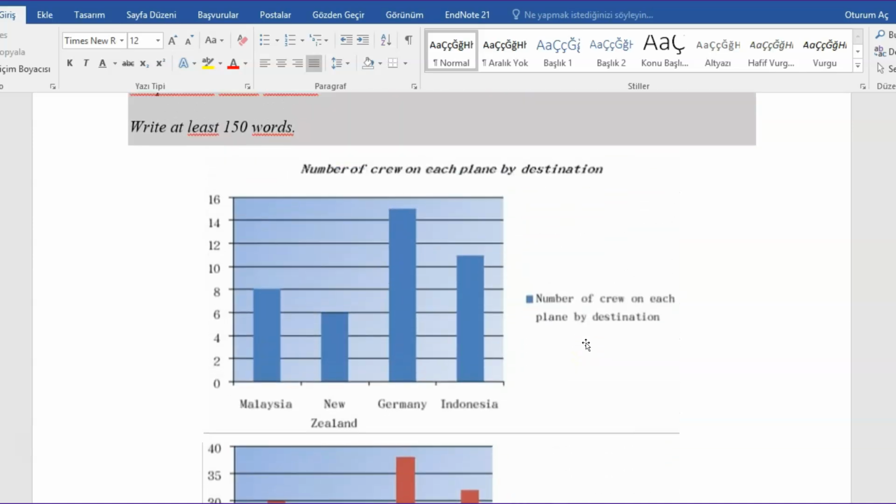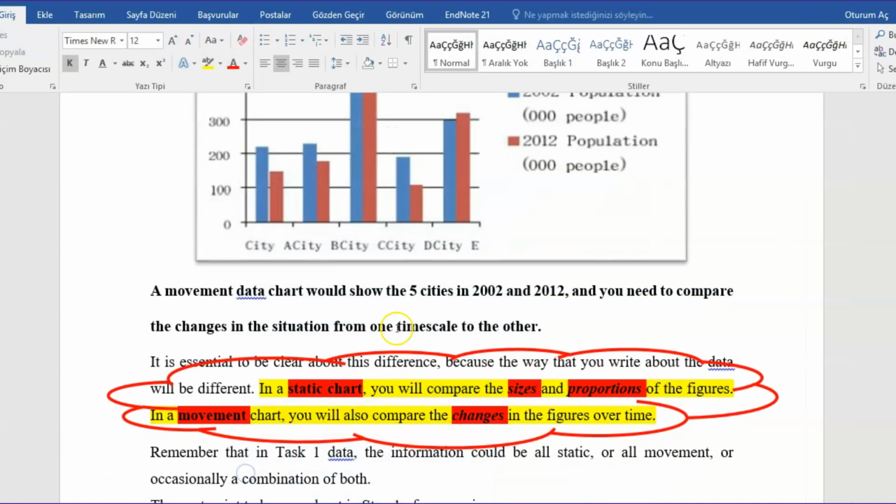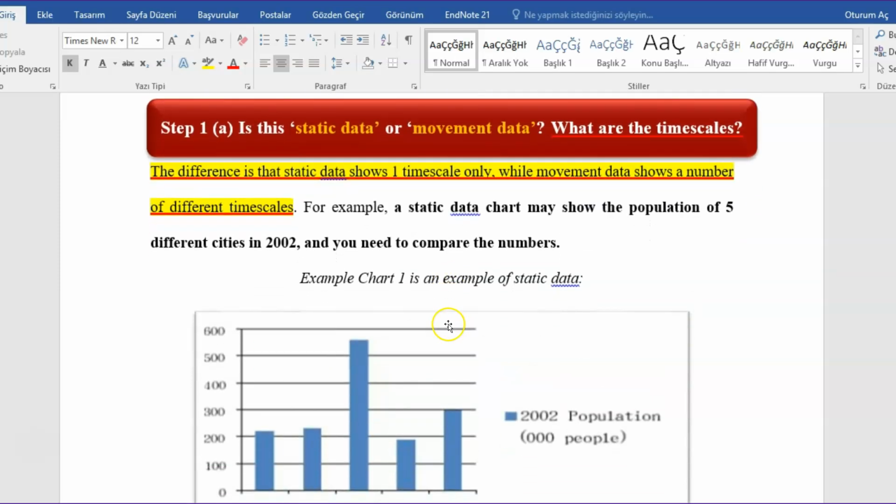Okay. The first important thing here is this bar chart. Is our data a set of static data or movement data? As I explained in our previous videos, the first important thing is whether the data shows only one time scale or more than that.